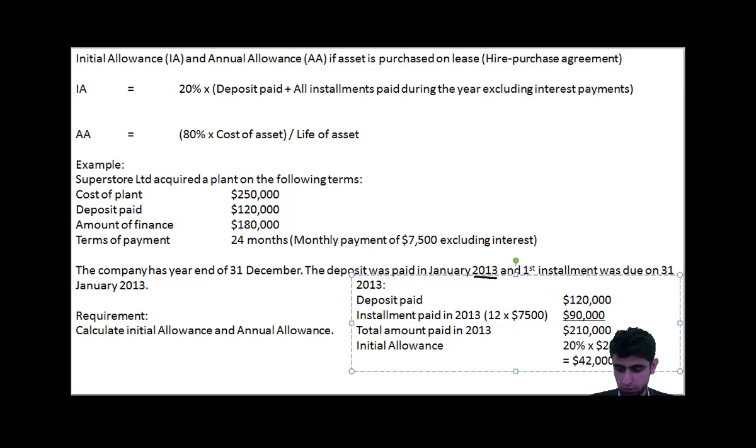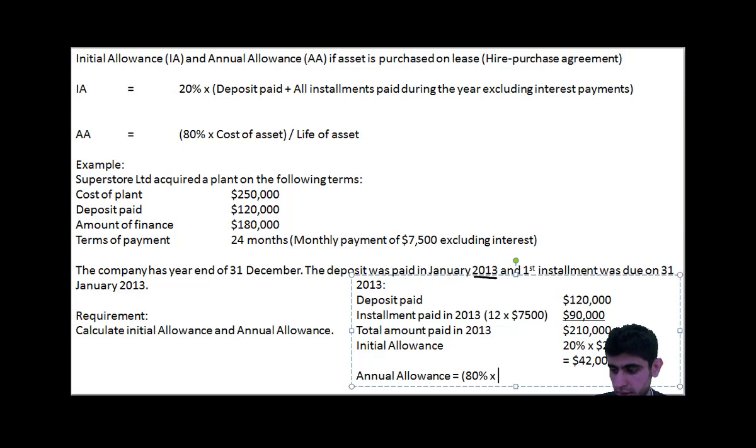And what about annual allowance? Now in this case, annual allowance is available on the cost of asset. Again, 80% times cost of asset.